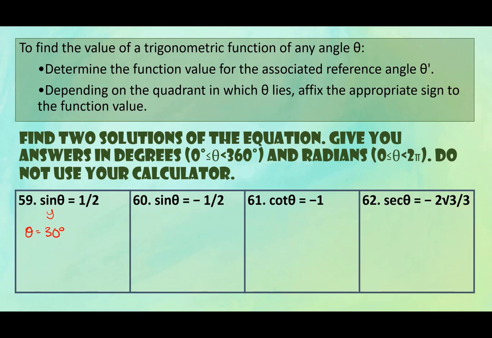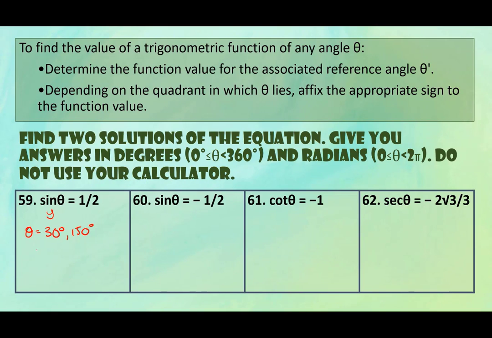But we can also look at its reference angle across the y-axis, and we can also see that it is equivalent to 150 degrees. The cool thing about these is they actually have the same reference angle, 30 degrees, and if you look at 150 degrees, the reference angle there would also be 30 degrees.